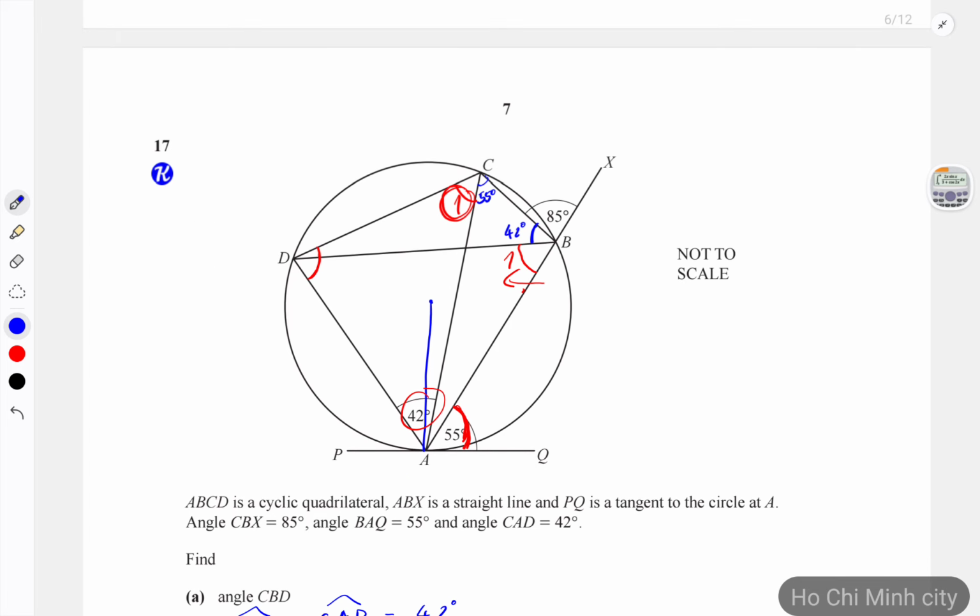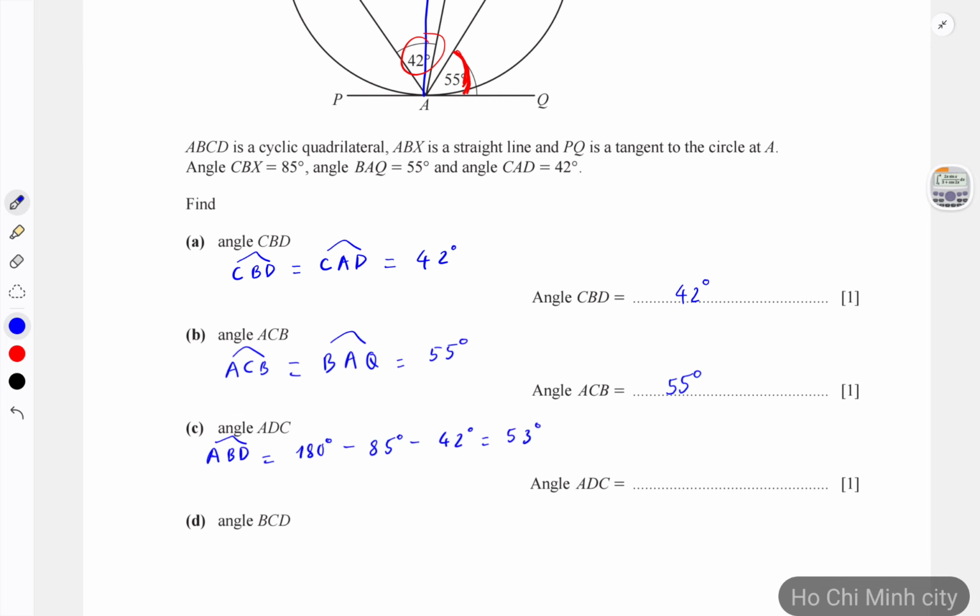All right, so the next one is ACD. We will write down here ACD is equivalent to ABD, and also the size of ACD is 53 degrees.